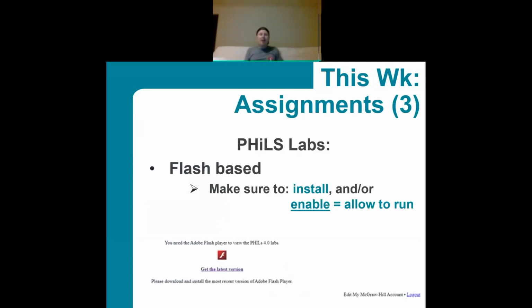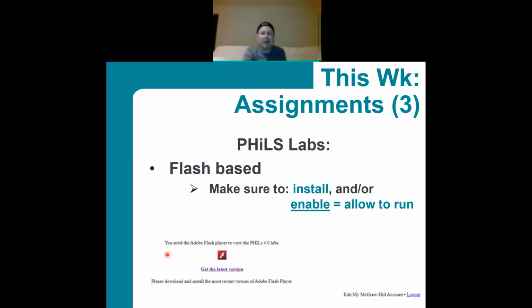So how to make these things work? When you go to these labs, you'll probably get a warning sign if you don't have the Flash activated on your browser. Something like this, that it's going to say that you will need Adobe Flash Player, either get a new version or fully install it or enable it.